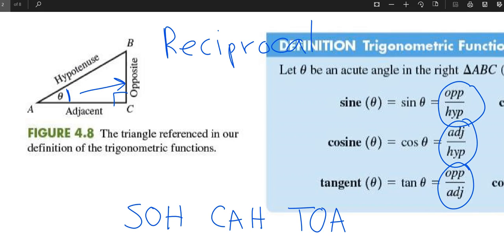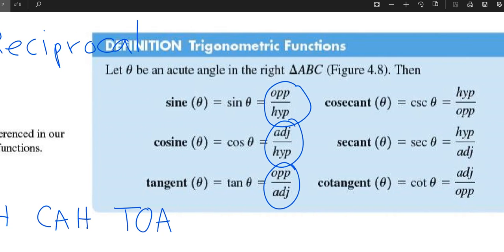It means it's flipped over, right? It goes along with the idea of an inverse, right? It's an inverse in the world of multiplication. Now, sine has a reciprocal function, just like cosine and tangent. They have reciprocal functions, and you are now going to be introduced to those.